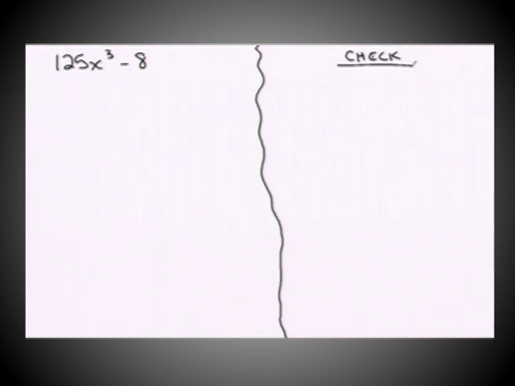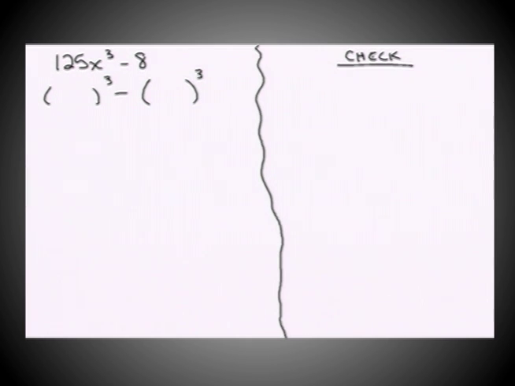As you can see here, we have the example 125x cubed minus 8. And the first step in our process is to verify that this is actually a difference of cubes. So I'd like to see if I can fit into that mold of something cubed minus something cubed. Taking a look at that first term, we have 125x cubed.